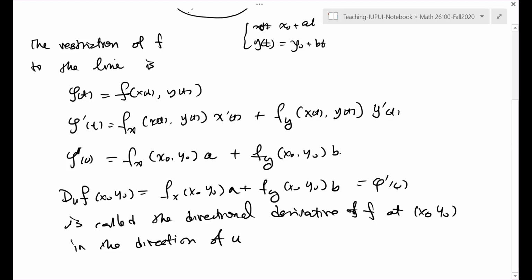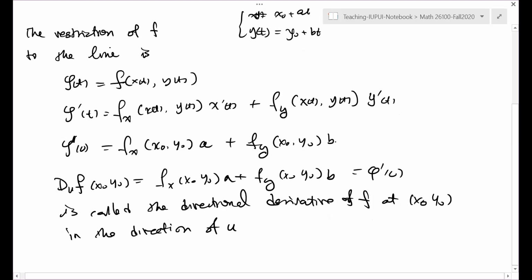Okay, so this is also a formula for the directional derivative of the function in that direction. So the original definition should be just phi prime of 0. Then if the function is differentiable, phi prime of 0 can be expressed in this form. So we have to assume that f is differentiable at the point.